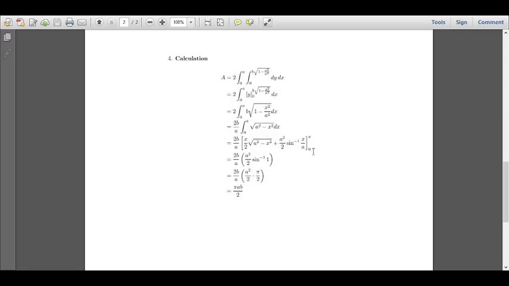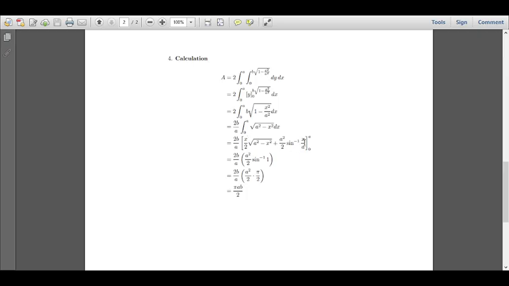Now we substitute the upper limit, x equal to a. Here we will get 0, and similarly, a square by 2 sin inverse of a by a, which is sin inverse of 1. So a square by 2 sin inverse of 1 remains. Now if you substitute the lower limit, x equal to 0, here we will get 0.